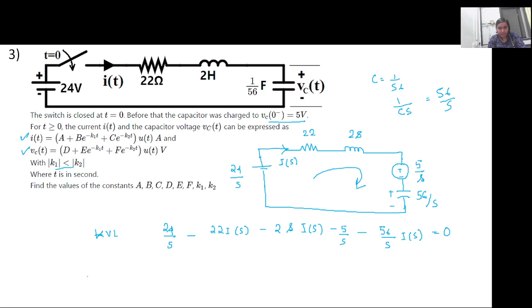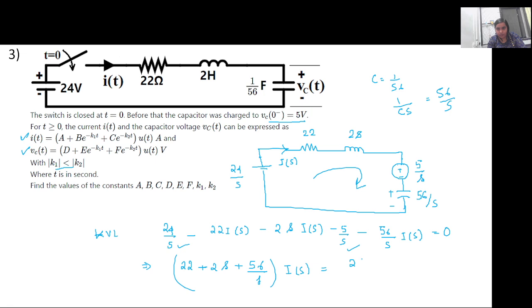Applying KVL, we take the I of S term on the other side. So it will be 22 plus 2s plus 56 by s into I of s, and on the right hand side we keep the constant terms which are not with I of s.